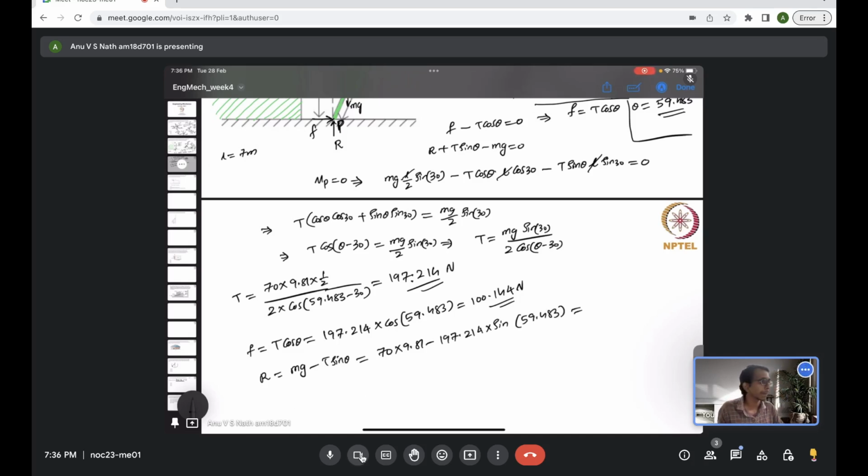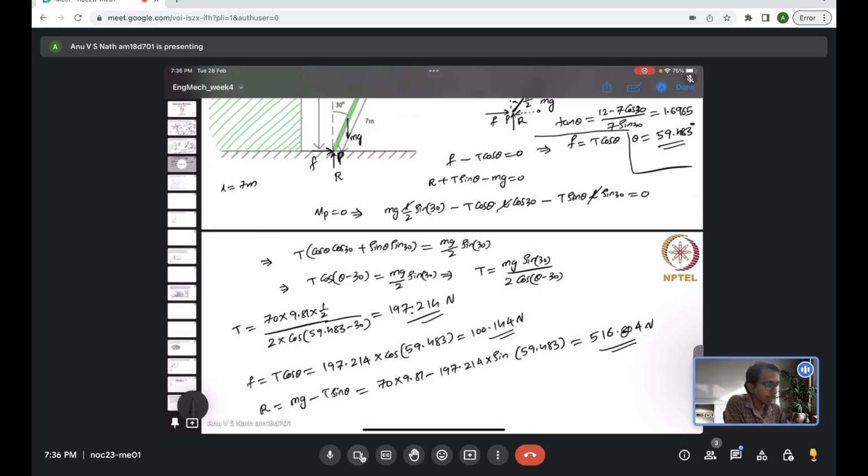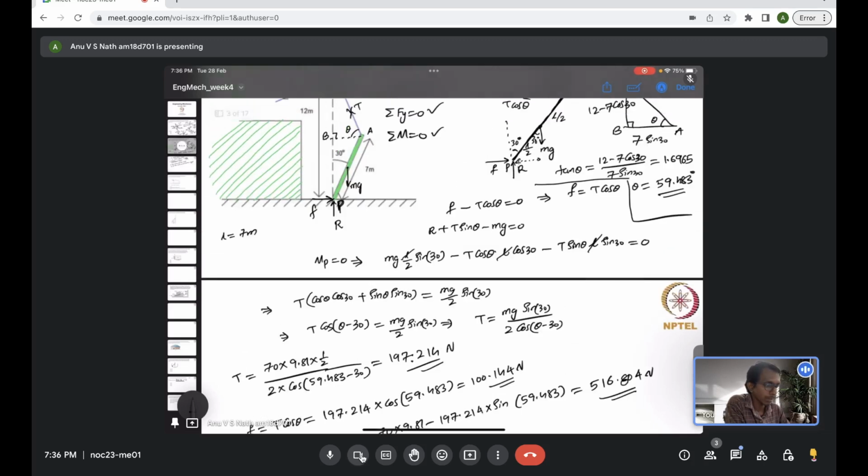Let me evaluate it. So I think it's 516.804 Newton. So now we have evaluated all the unknown forces acting on this pole.